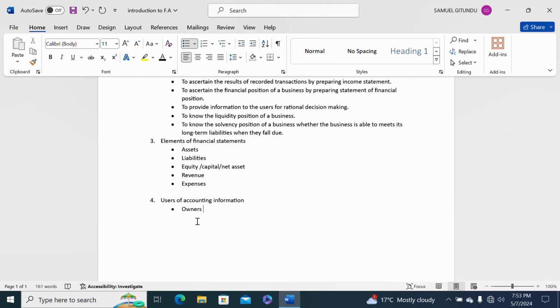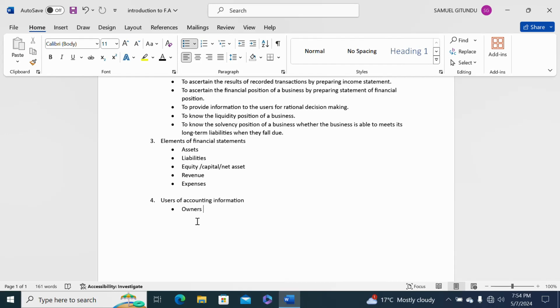They need to know, yes, we have established a business. Are we making profit? Which product is selling more? Which cost can we reduce as the owners of the business? Will we be able to expand our business? So the owners of a business require accounting information for various reasons such as those I have mentioned.